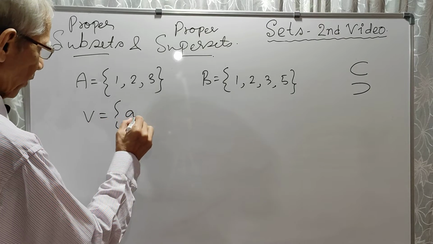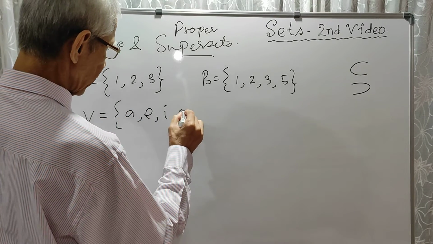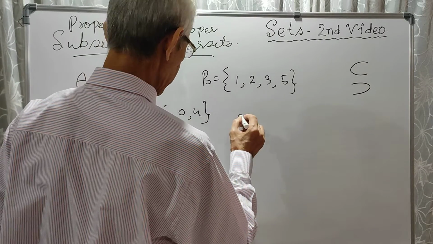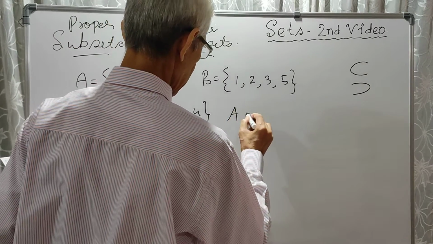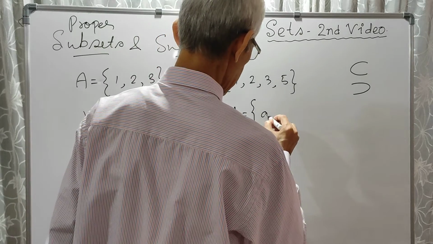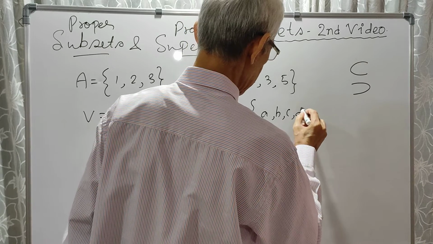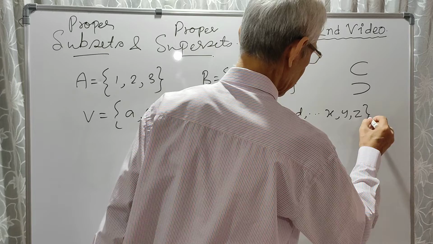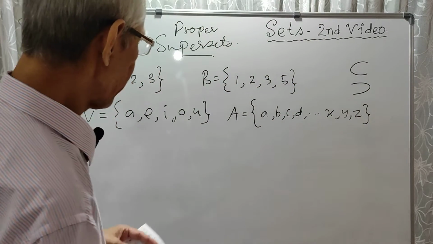All right. That way, suppose this one. This is the set of vowels, and suppose A is a set of all the alphabets, that is A, B, C, D, etc. Then at last X, Y, Z. Okay.